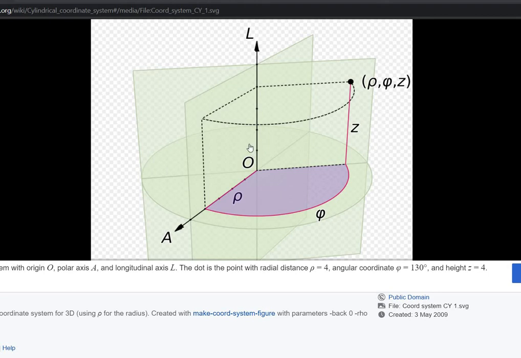Today, first we are going to discuss what we mean by a cylindrical coordinate system and how you can represent a point using it.